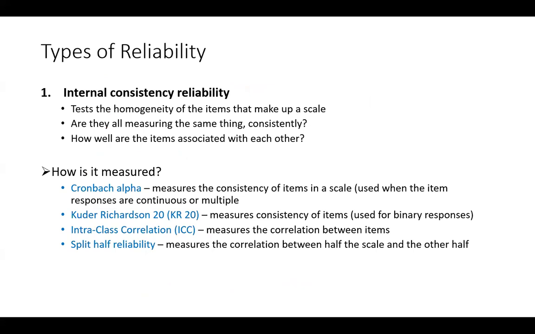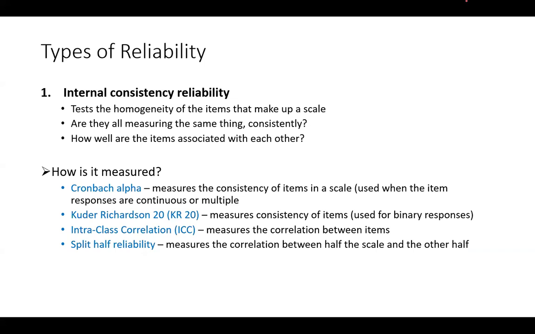Are they measuring the same thing consistently? How well are they associated with each other? The most common one used is Cronbach's alpha. It's a correlation coefficient that we use specifically for a scale where the items are on a continuous scale or a Likert scale.